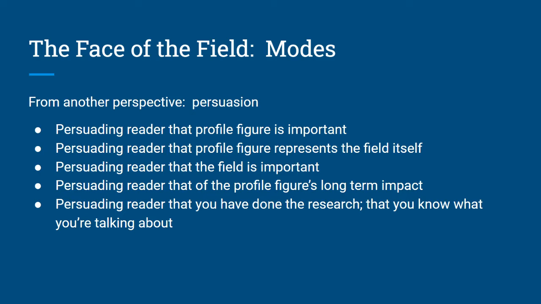Lastly, we are persuading the reader that you have done the research and you know what you're talking about. This last bit of persuasion is probably the most important of all. A reader who starts to doubt how much work you put into the writing is a reader that isn't going to be persuaded by any of the other things.